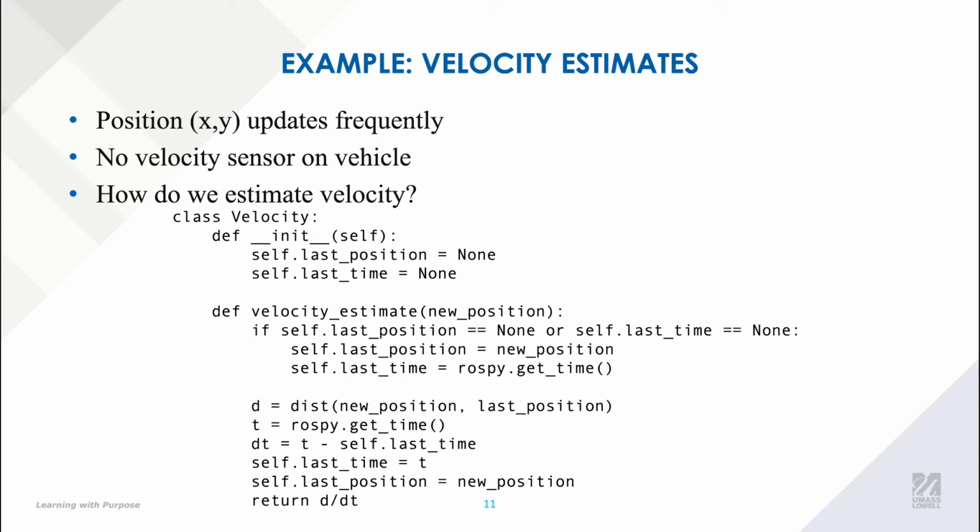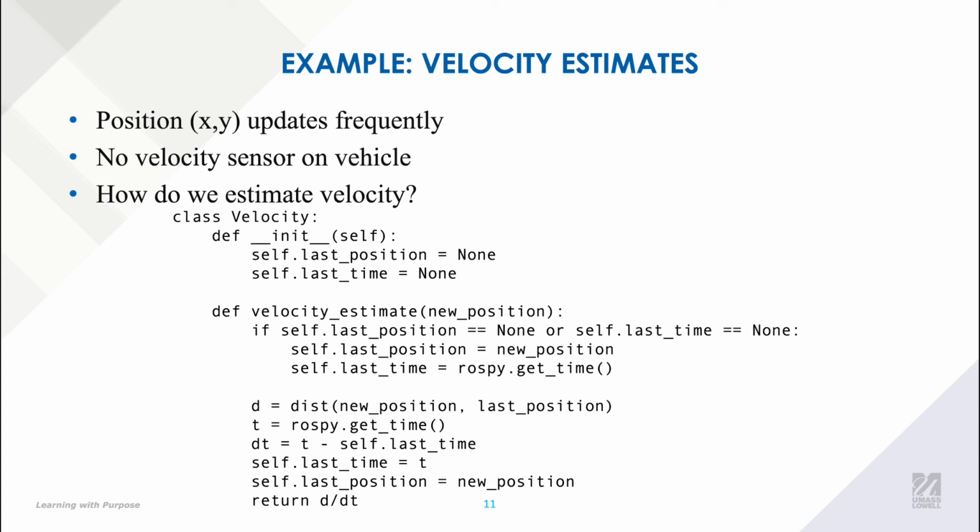We're going to have to know what our last position was and the time that that last position happened so we can do our calculations. And then every time we get a new position update, we're going to estimate our velocity by saying what was the distance we traveled between that time and now, and how much time elapsed between that time and now. We're going to divide those two things, so it'll just be delta distance over delta time, and return that. That's your estimate of velocity.